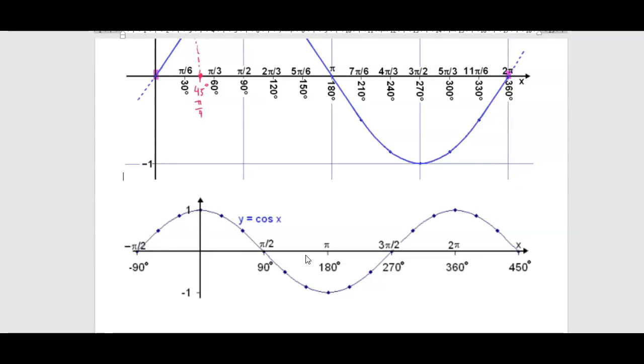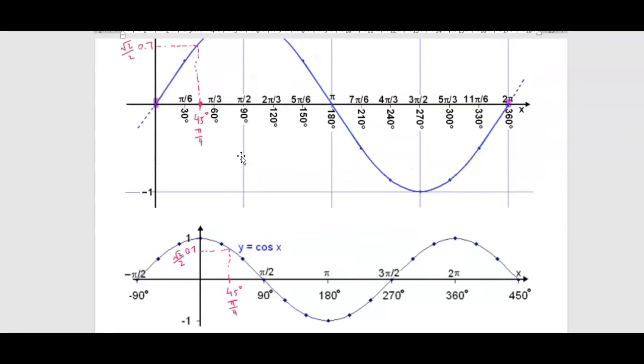Okay, so 45 degrees is here, halfway between 0 and 90, and its radian is pi on 4. So if we go up here, hit our cosine graph, and then go across, you can see, again, it's at approximately 0.7, which is root 2 on 2.